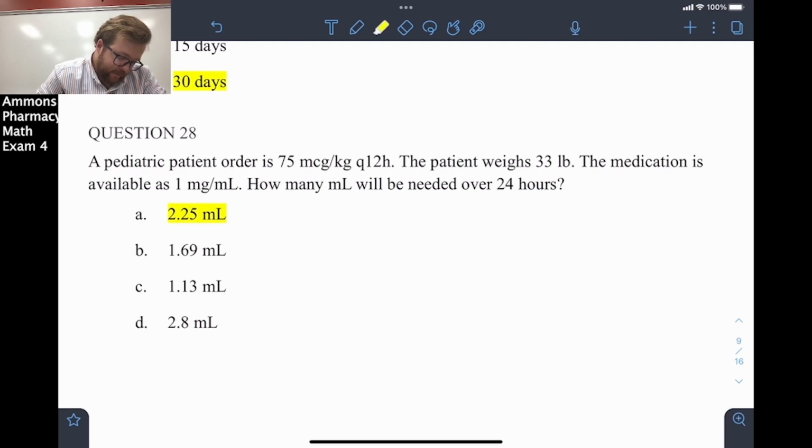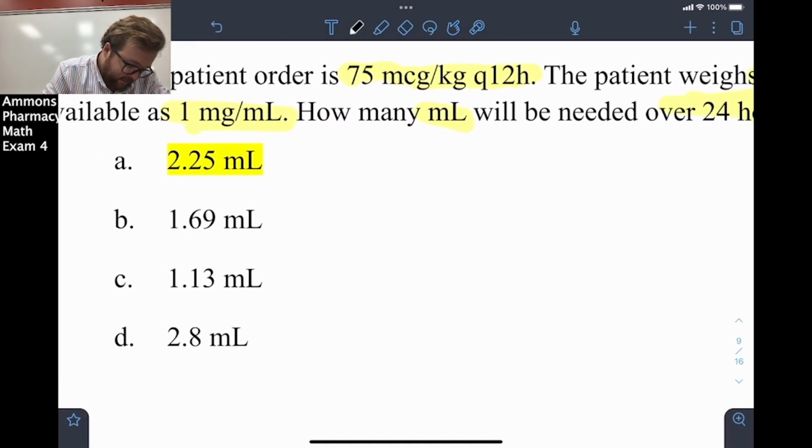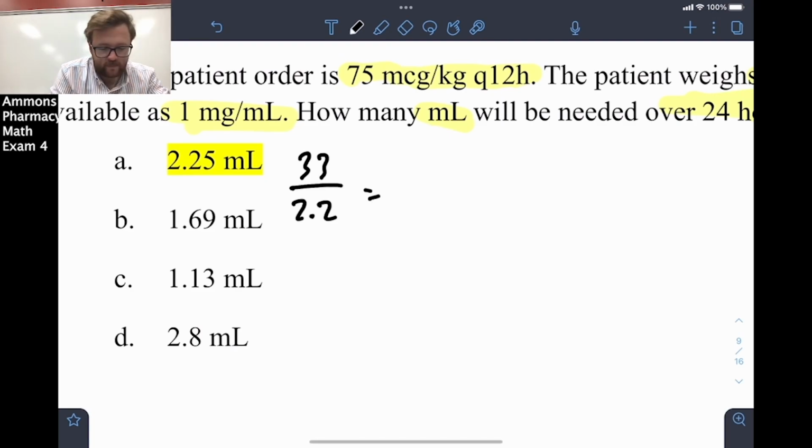Pediatric patient order is 70 micrograms per kilogram every 12 hours. They weigh 33 pounds. It's available as 1 milligram per mil. How many mils will be needed over 24 hours? Okay, so weight-based, we need his weight in kilos. 33 divided by 2.2 is 15 kilos.